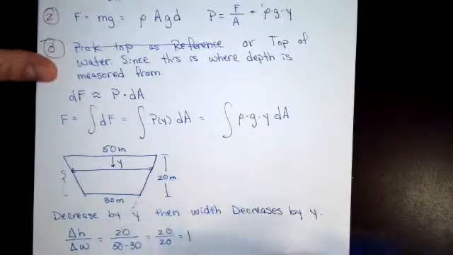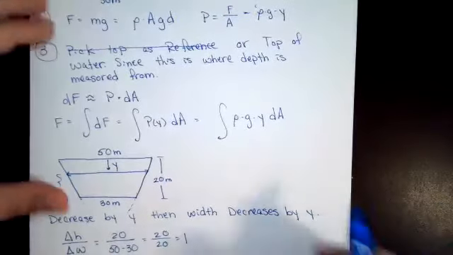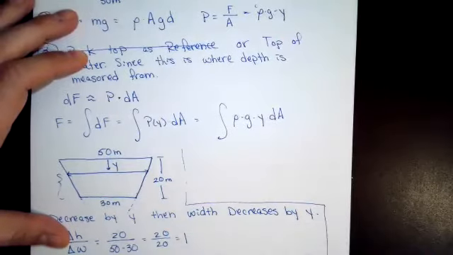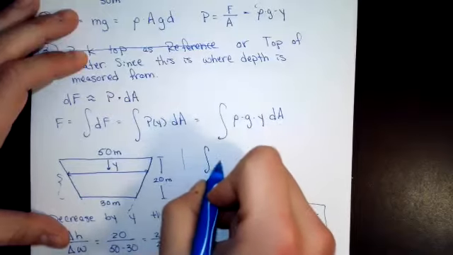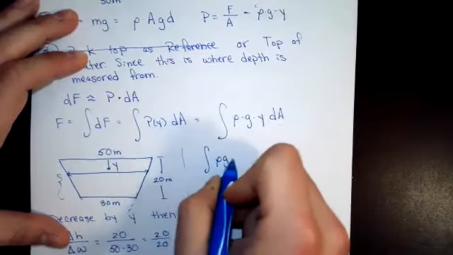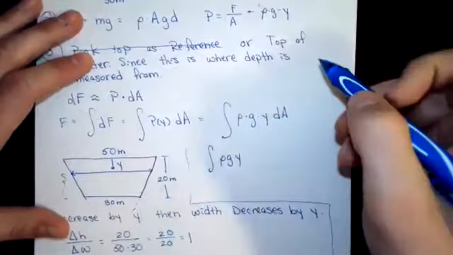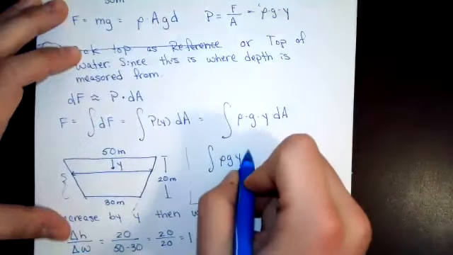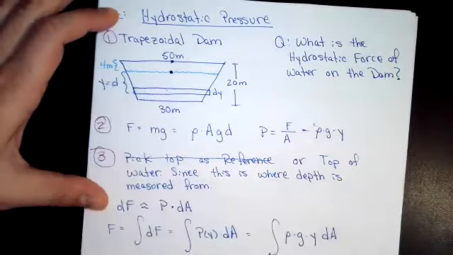Okay, so let's finish setting up this problem. We had that the force is rho g y times dA, and dA now is, at a depth of y meters below my reference point, the width.